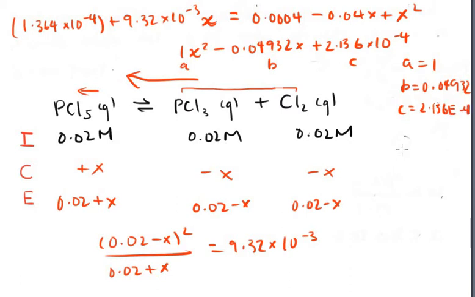So now we have to use the quadratic formula, which is negative b plus or minus square root of b squared minus 4ac over 2a.